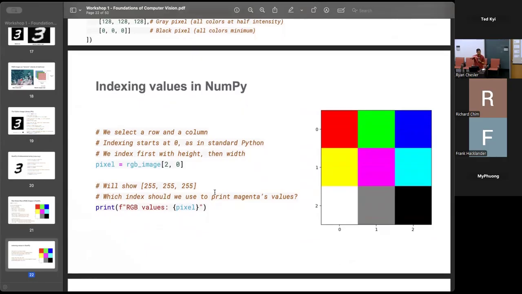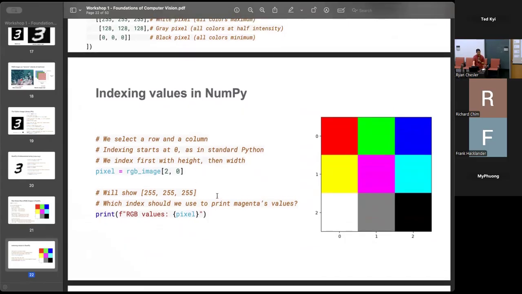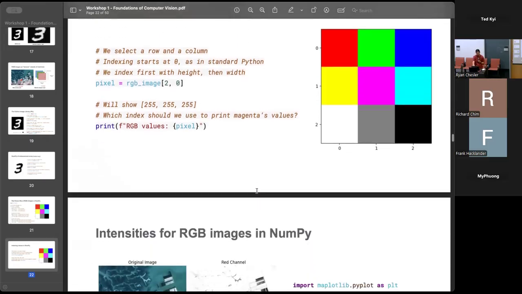It's actually flipped. The y is down and the x is to the right. So if you start at 0, 0, you're actually in the top left corner. If you're trying to index these, remember that if you go up on the first axis, you're actually going down in the image.